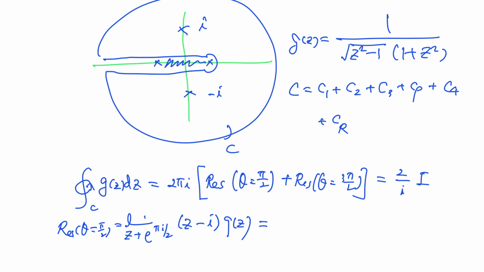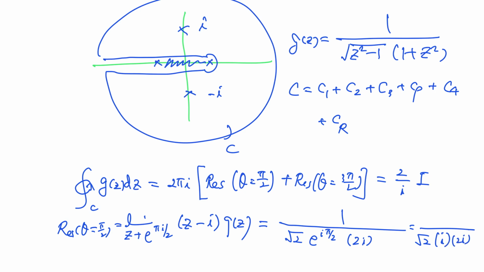It's actually square root of 2, right? And here exponential i over 2, and here comes 2i. Square root of 2i over 1.